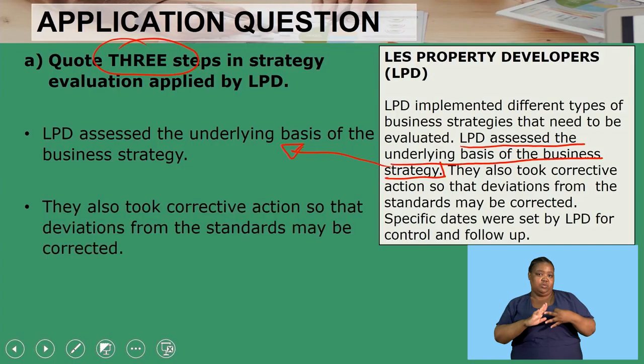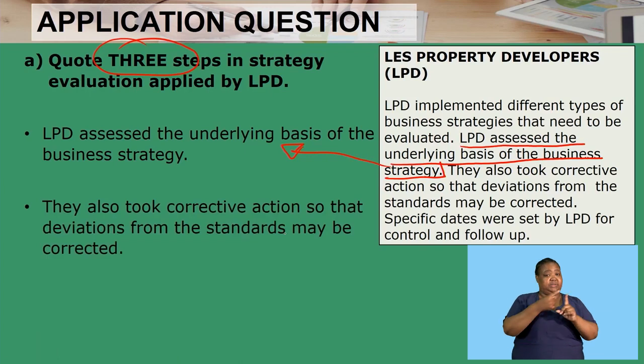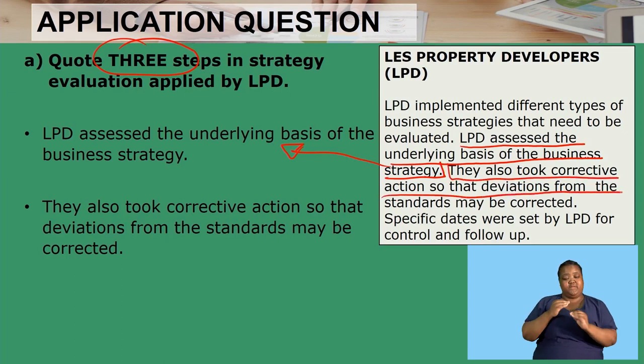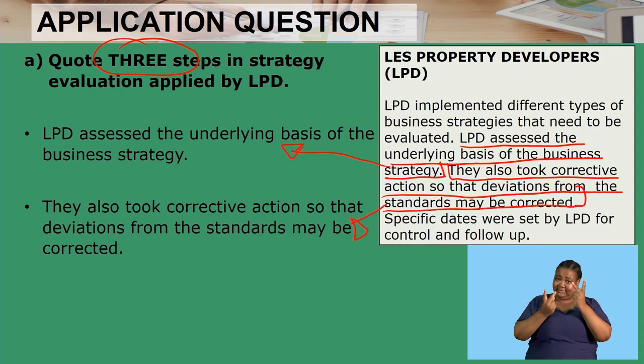The second one is they also took corrective action so that deviations from the standards may be corrected. Let's find it in our scenario. Again, I hope you can see word for word, nothing has been changed, nothing was removed, as is.